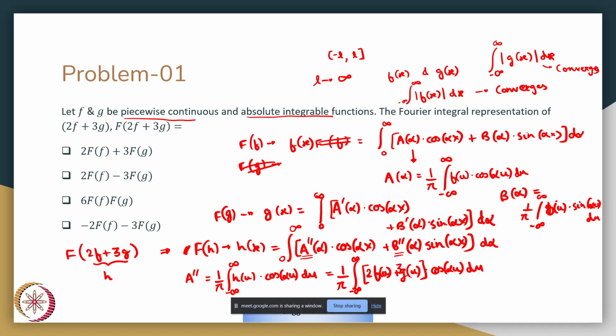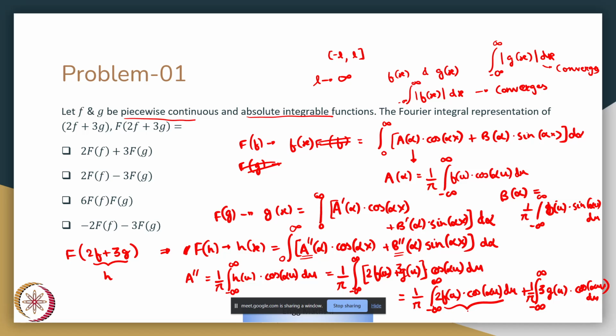Right, so we can split this sum across the integral operator to get 1 by pi integral minus infinity to infinity 2f of u cos of alpha u du plus 1 by pi integral minus infinity to infinity 3g of u cos of alpha u du.